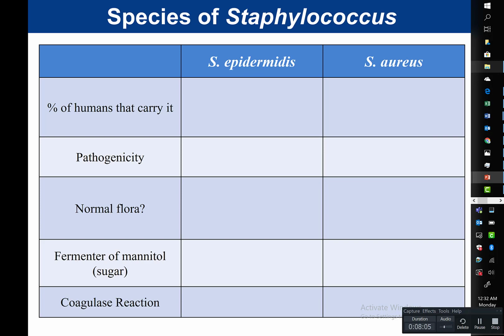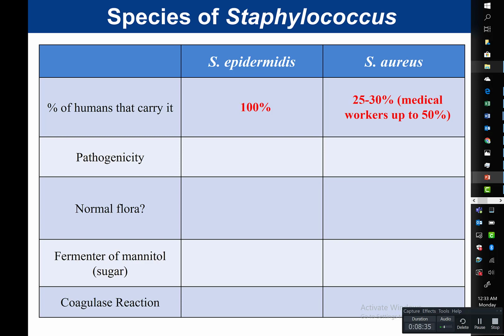In terms of the percent of humans that carry it, for Staph epidermidis, 100% of people carry S. epidermidis, and that is part of normal flora. Everybody has it on your skin as part of your normal flora. In the case of Staph aureus, approximately 25 to 30% of the population would carry Staph aureus.